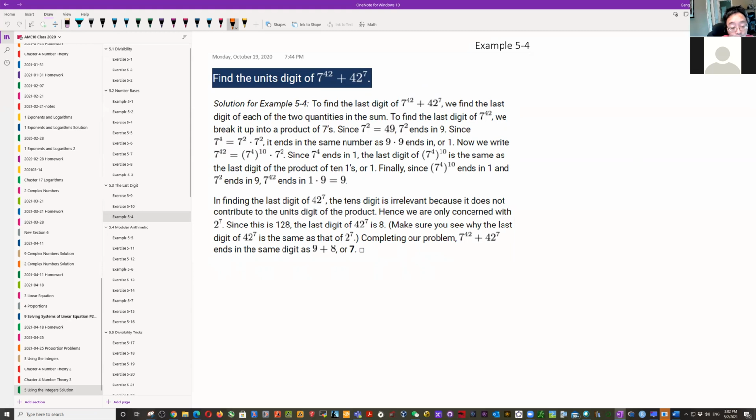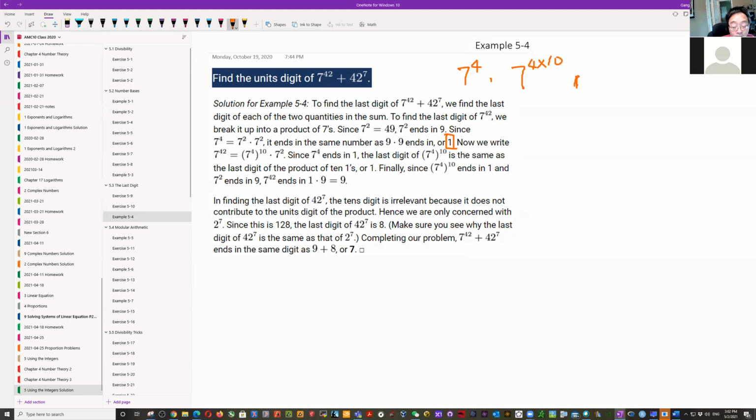So basically, you just power 7. You power 7 four times, you end up with 1. So 7 to the 4th will end up with 1. So 7 to a multiple of 4, for example 4 multiplied by 10, that's going to end with 1 also.